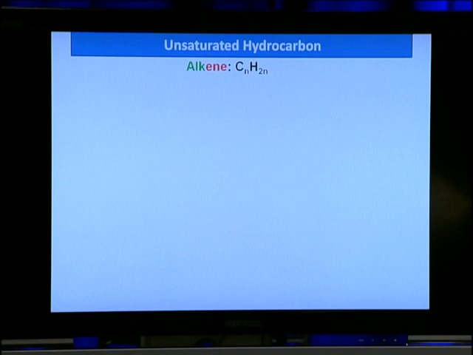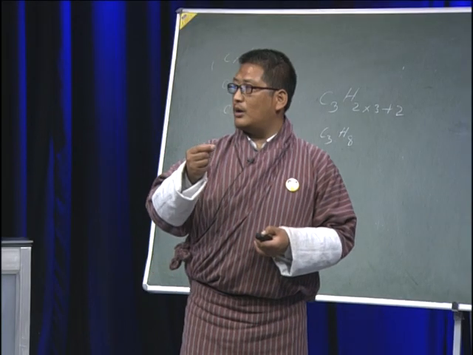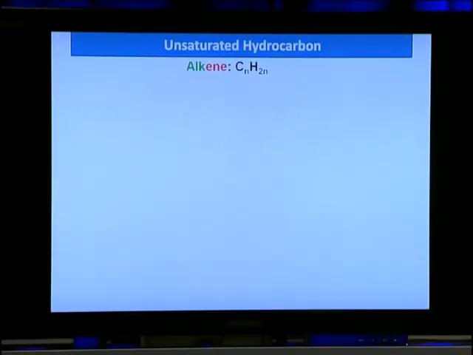Let's find out in a similar manner to what we used in the earlier case, how to find the members of the alkene series.